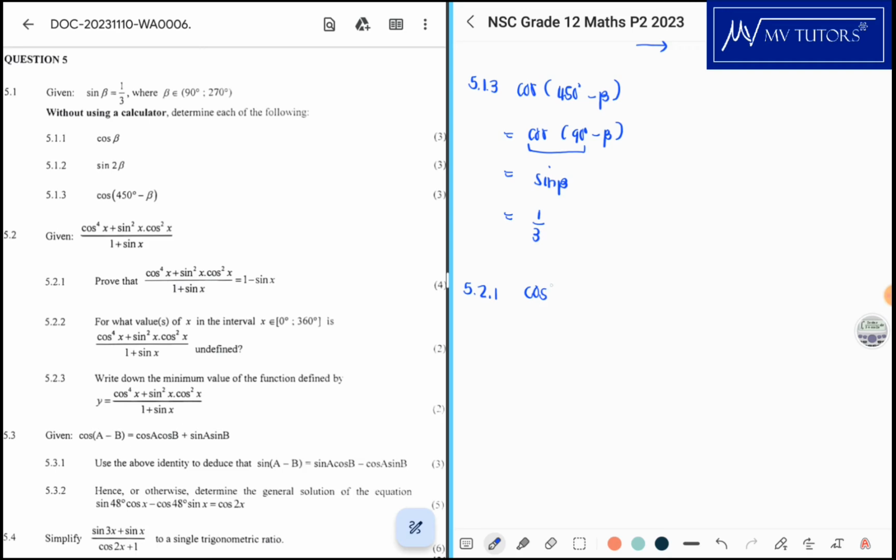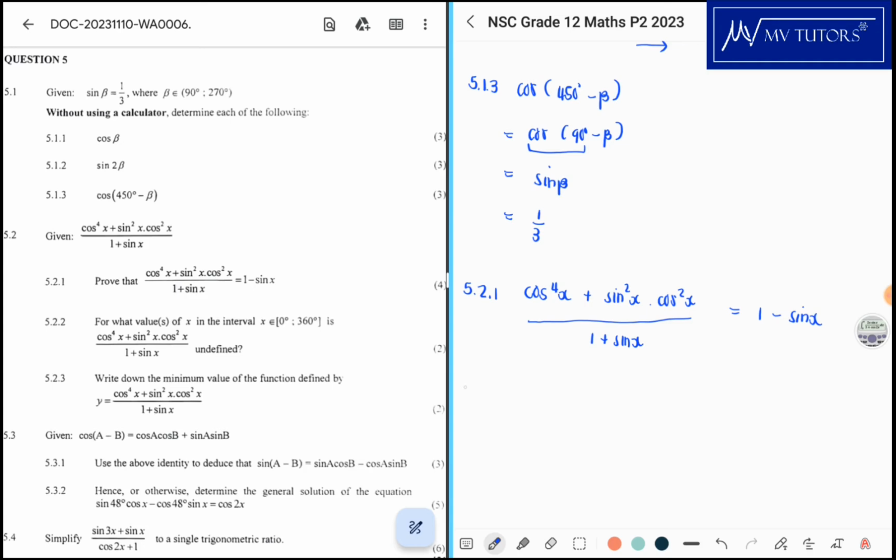So I have cos to the power 4 x plus sine squared x times cos squared x, divided by 1 plus sine x. Basically, I'm going to try to prove that the left hand side is equal to the right hand side, which is 1 minus sine x.